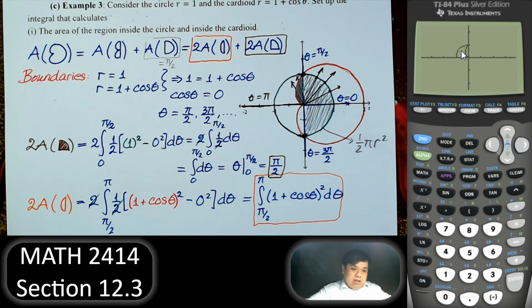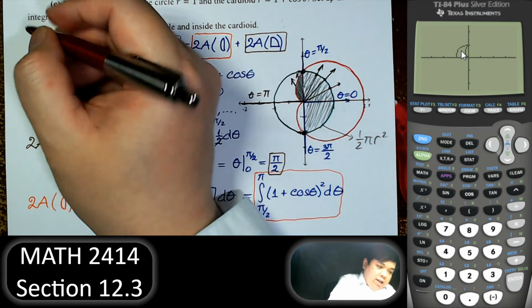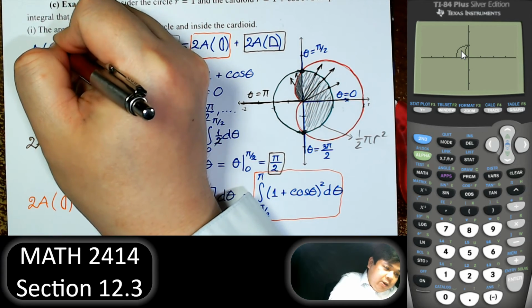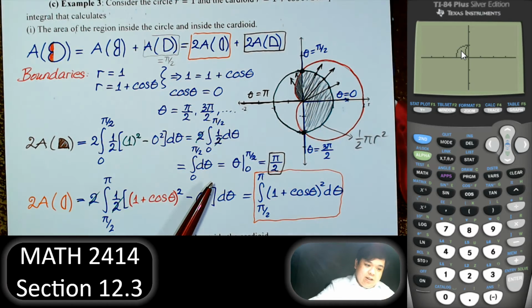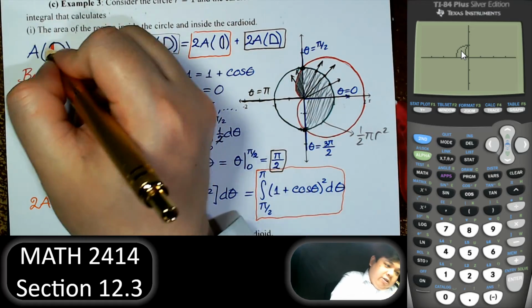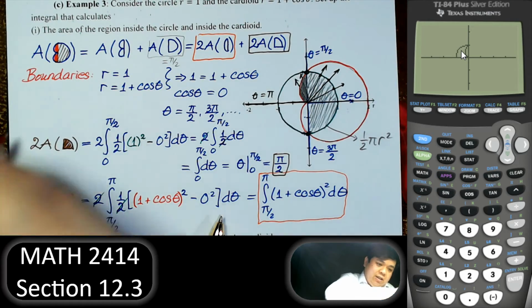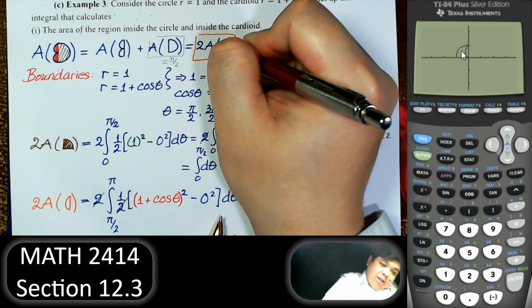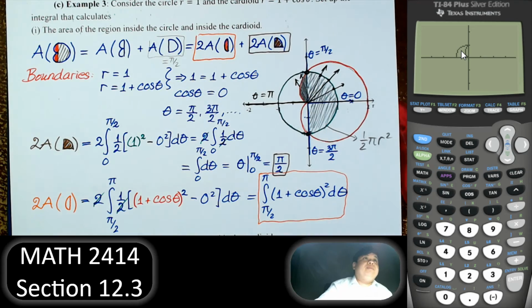We have the area of that shape, including the one on the left and the one on the right. So 2 times that, 2 times that.